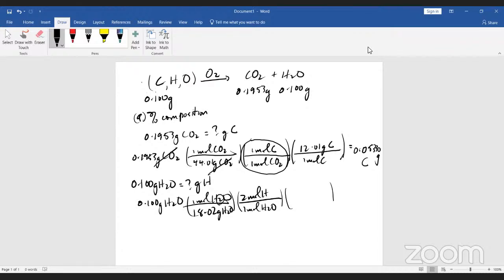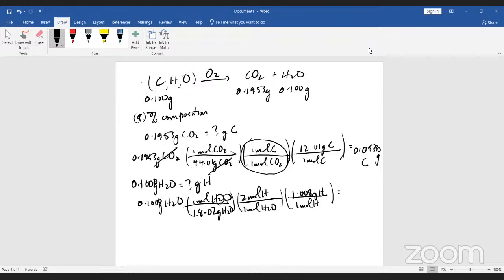And then the last step is similar to the last step that we did before, where we convert the moles of hydrogen to grams of hydrogen. And to achieve that, we're going to put 1 mole of hydrogen down here and 1.008 grams of hydrogen above. And then we work this out. I forgot to add an extra 0 here and here.